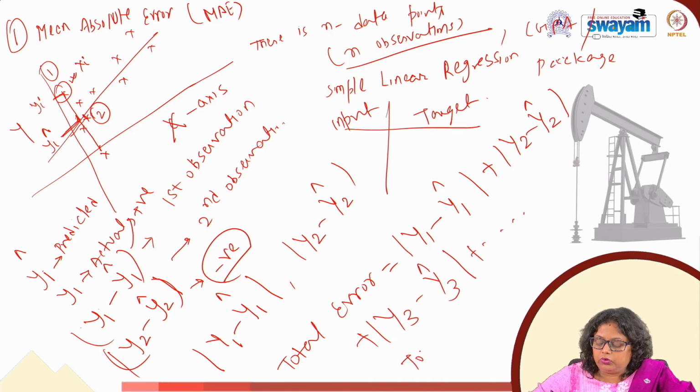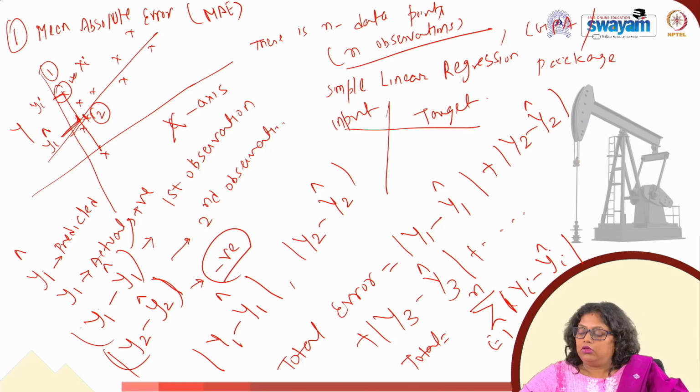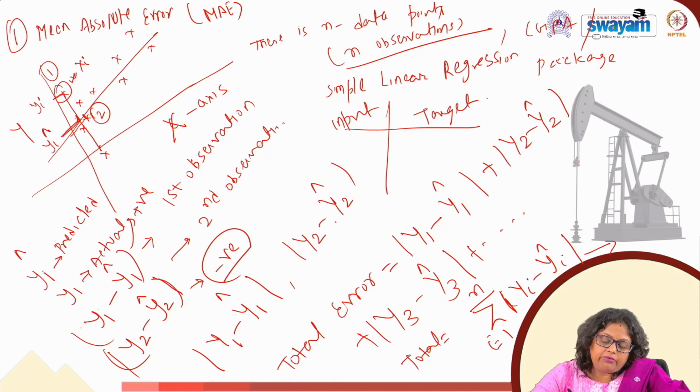So the total error, if you sum all of this, is the sum from i equal to 1 to n of mod yi minus yi hat. Each one is the absolute error because we are not considering the sign.